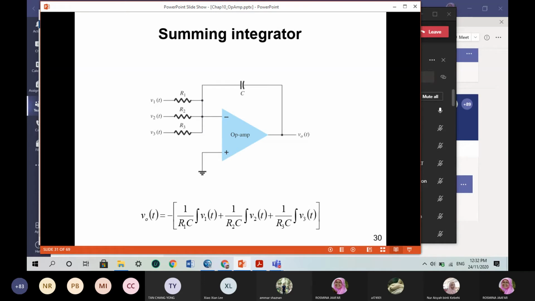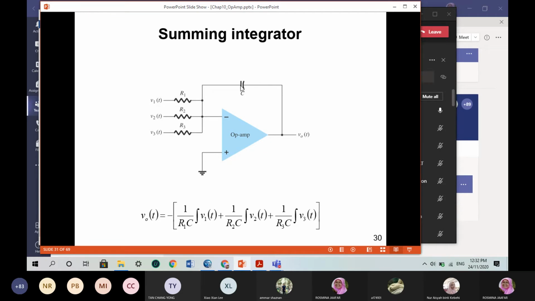Okay. You can also make a summing integrator. If you introduce one capacitor here for a summing amplifier, the circuit becomes a summing integrator. And the summing integrator has the equation VO equals 1 over RC, summation of integration of V1, V2, and V3, only when you have a capacitor in the feedback path.